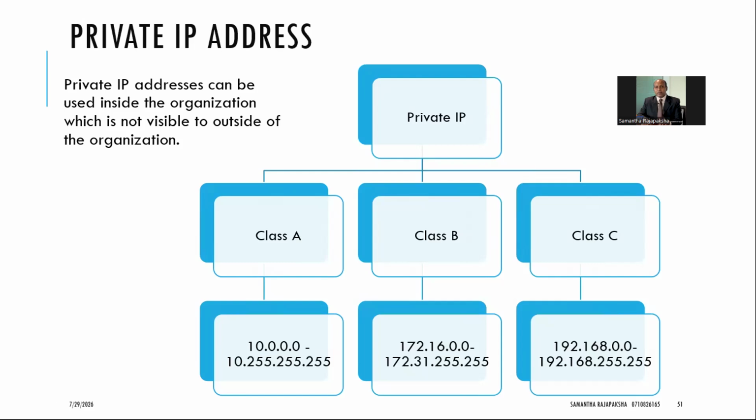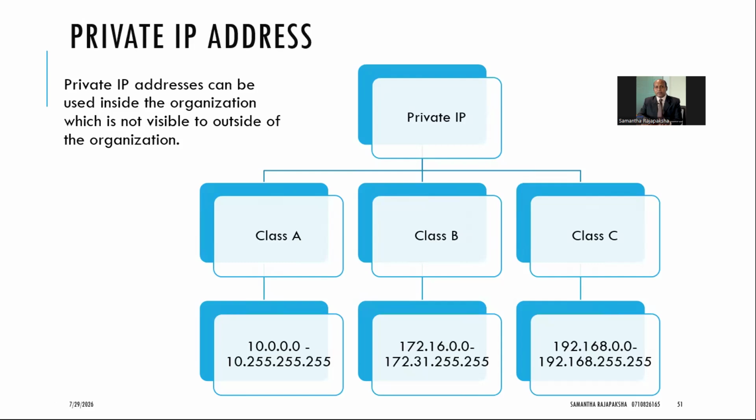Similarly, for each class, there is an allocated set of IP address ranges as a private IP address range, which can be utilized however you like within the organization. Class A: the IP address range is 10.0.0.0 to 10.255.255.255. Class B: 172.16.0.0 to 172.31.255.255.